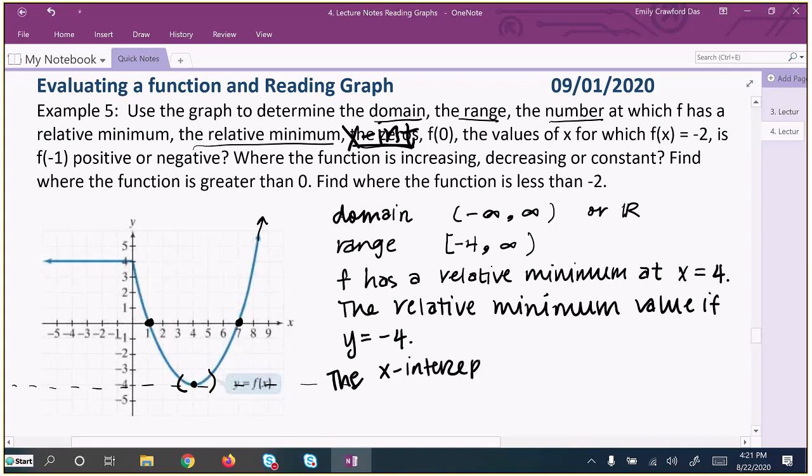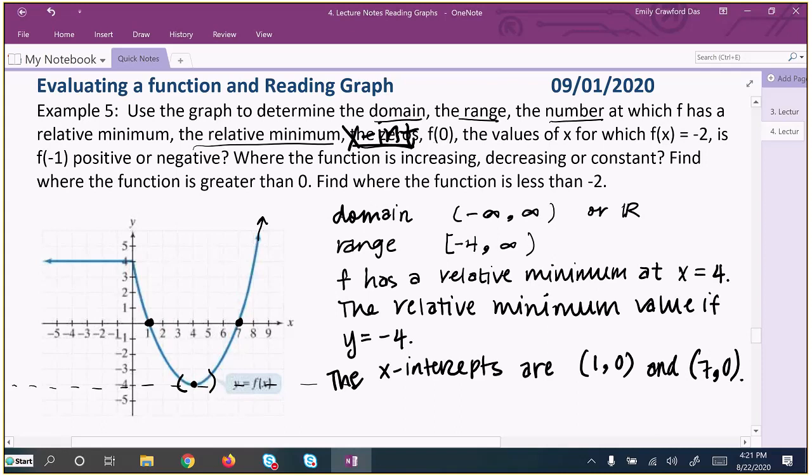And when we're talking about intercepts, we remember we're always talking about ordered pairs. The y-coordinate of an x-intercept is always 0. So the x-intercepts are (1, 0) and (7, 0).